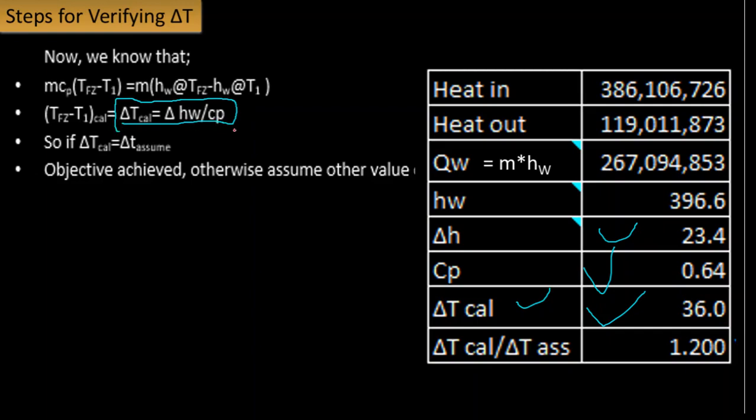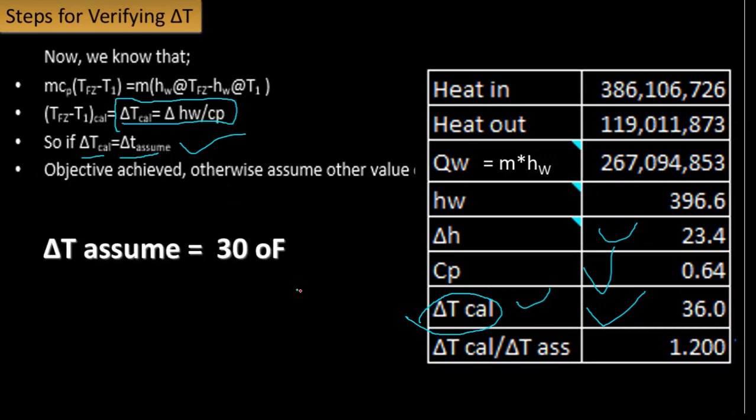Now in our final stage, we have to check: we have calculated delta T, and we have already assumed delta T. We compare them, and if delta T calculated is equal to delta T assumed, our objective is achieved. There are no further iterations required. If not, we have to go for a second iteration. In our case, we assumed delta T as 30 degrees Fahrenheit.